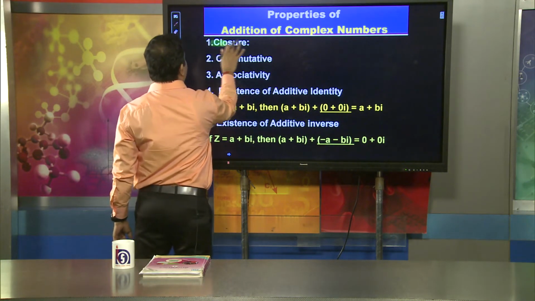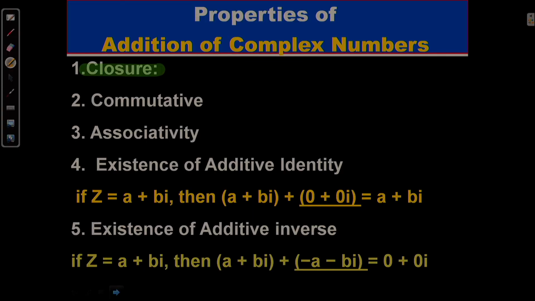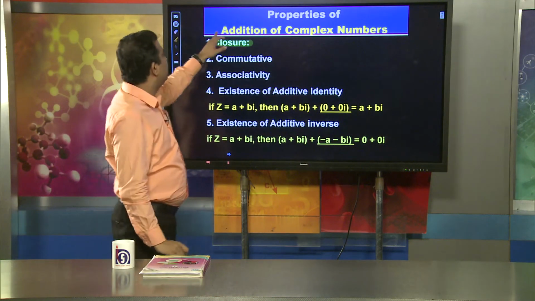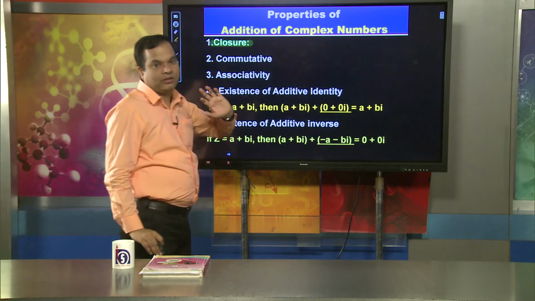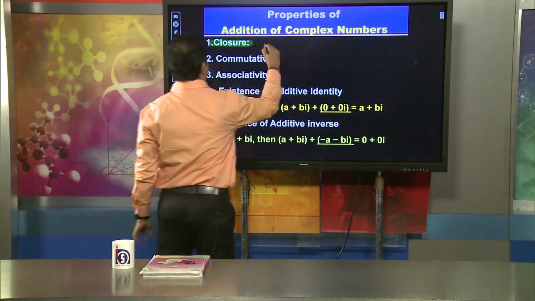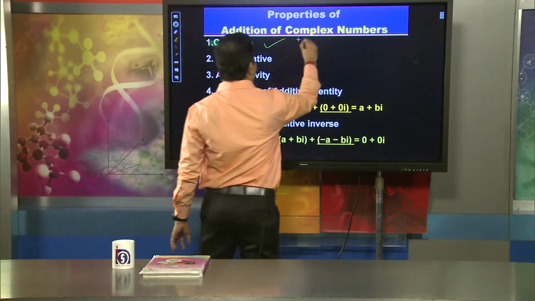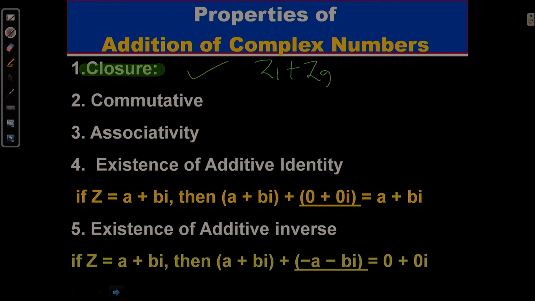When talking about the closure property, the important thing is that when we add two complex numbers, the result will also be a complex number. So the closure property is satisfied by the addition of complex numbers. Simply, Z1 plus Z2 will be Z3, which is also a complex number.